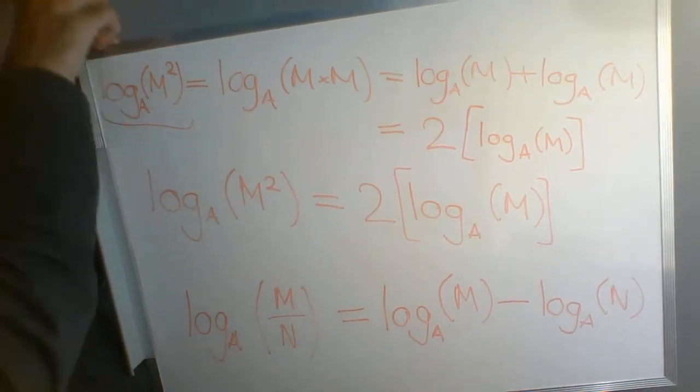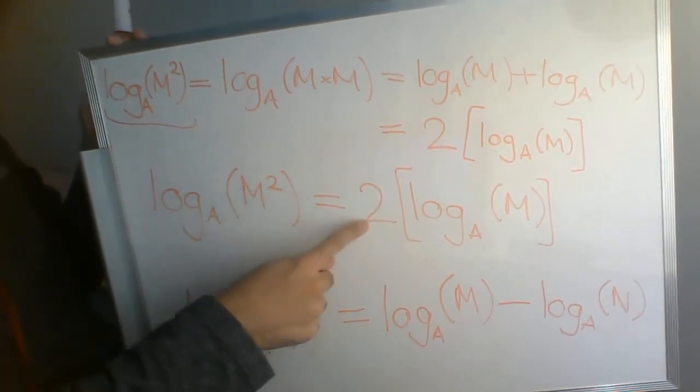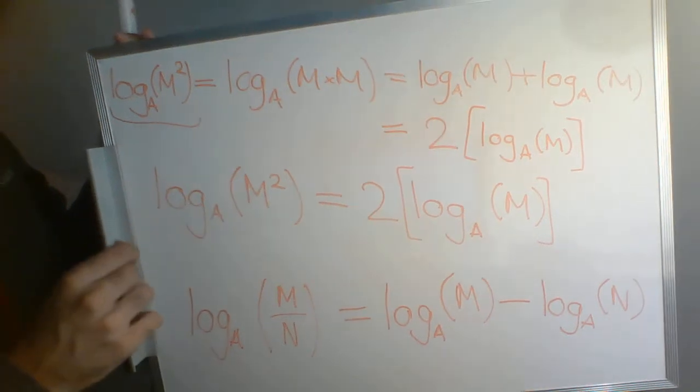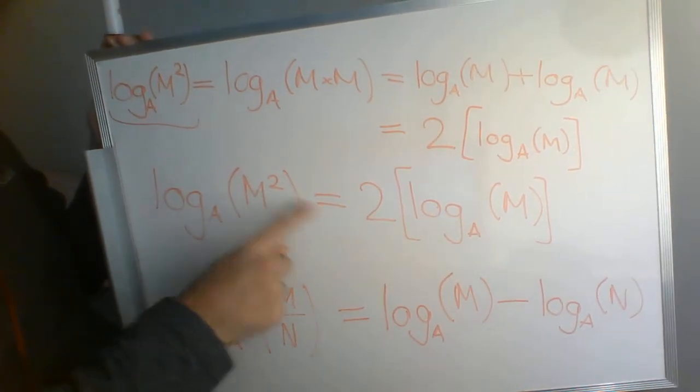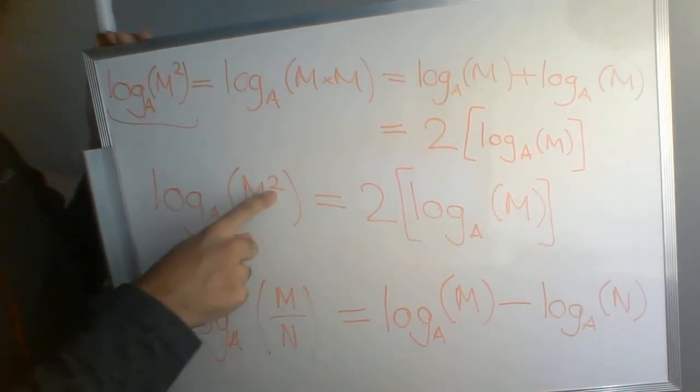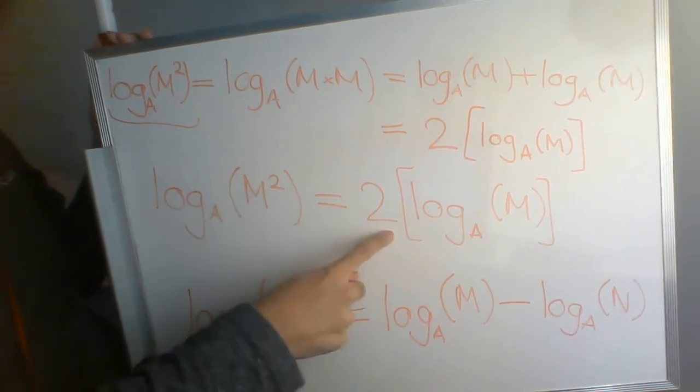Here's the neat thing about it, is that we've got a 2 here, we've got a 2 there. That's not a coincidence. If this was a 3, that would also be a 3. If this was a 5, that would also be a 5.